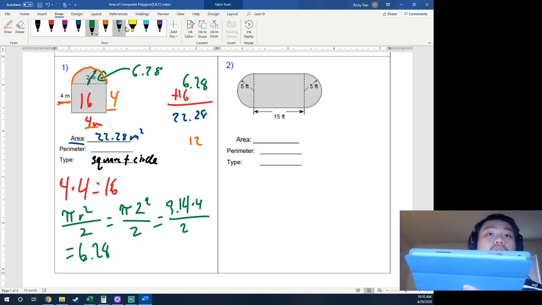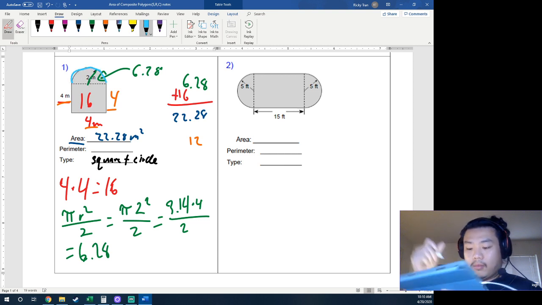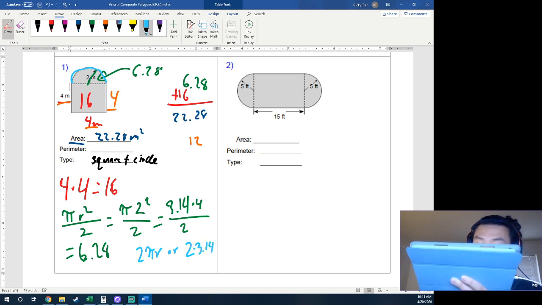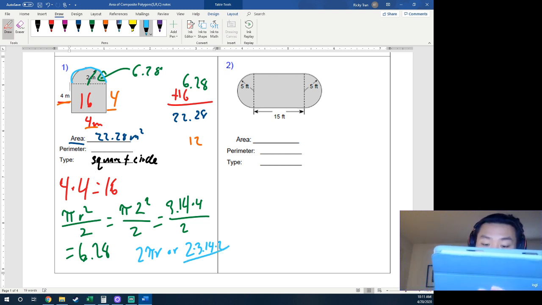The circumference is 2 pi r, or 2 times 3.14 times 2, and then divide that by 2.